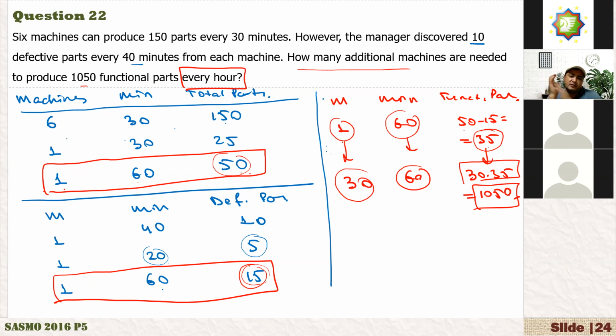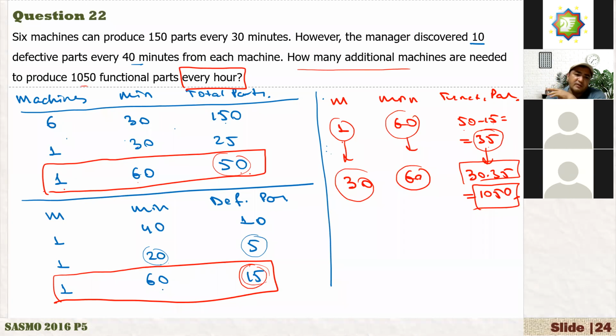What method did we use here? First you need to find in 1 hour how many total parts are produced, and how many of them are defective, and find the difference. The difference gives us the functional parts.